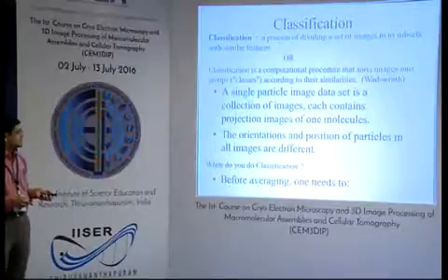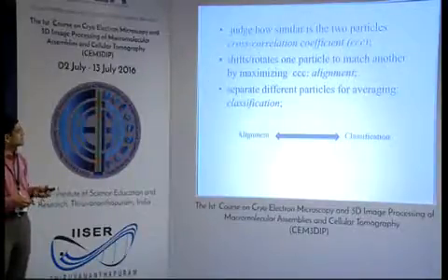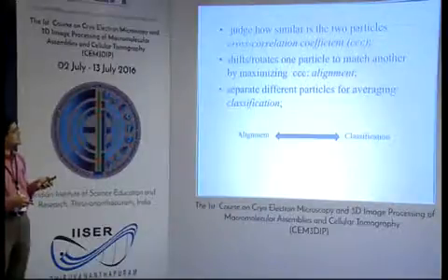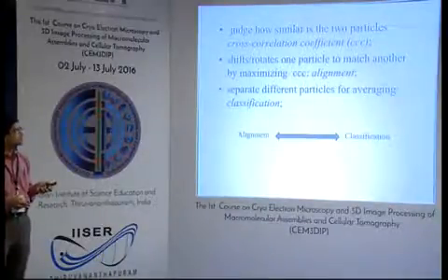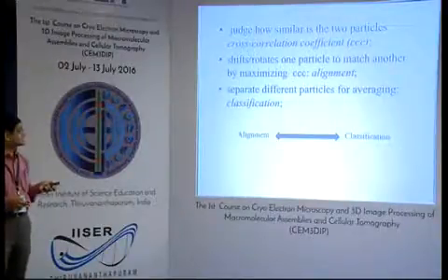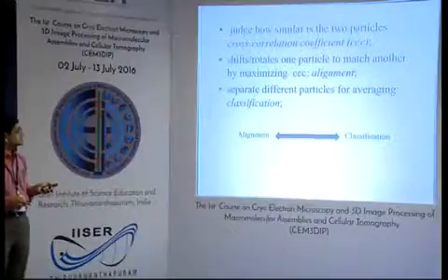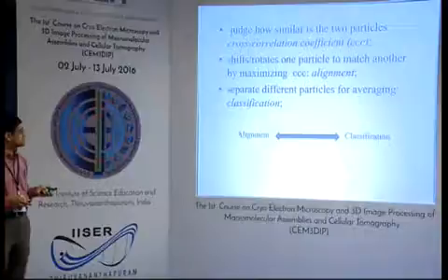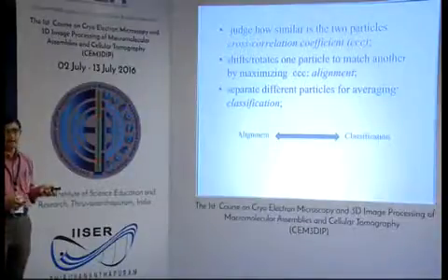So before averaging or classification, you have to align the particles, and this alignment is characterized by what is known as the cross correlation coefficient. When the cross correlation coefficient is highest, then the alignment is the best. And then separate different particles for averaging and classification after this process. That is alignment, which is good. So these two are very closely related. So you have to align and classify.